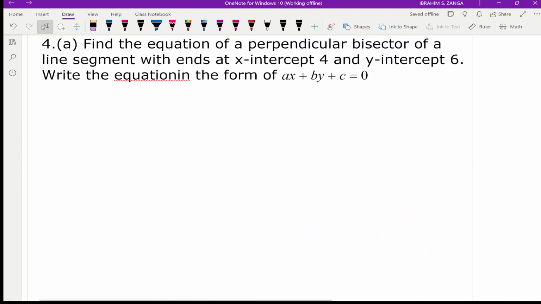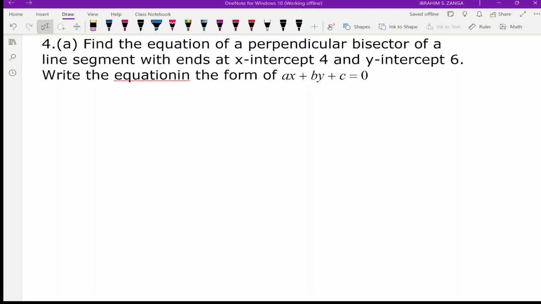We go to question number 4A, and this kind of question, as I said, according to the format, is a question which is most likely to be seen in question number 4 in national exams.